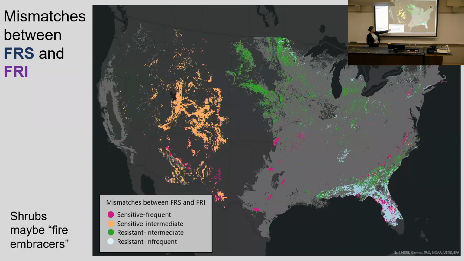As far as the orange areas of sensitive intermediate, so again, this is areas where fire is happening every 41 to 150 years, and these had low scores of 0.46 or lower. We see a huge amount of this orange across the southwestern United States. And again, this is not as reflective of only shrub growth form.